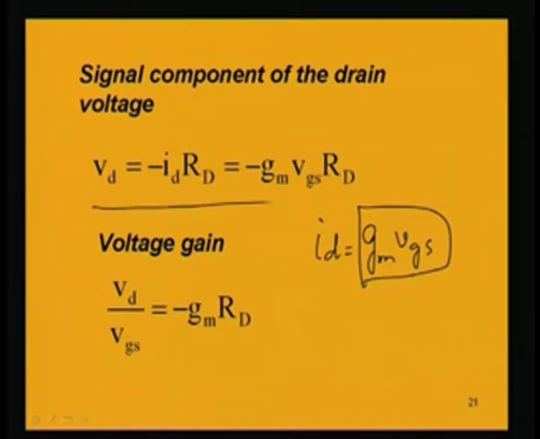If you take the ratio between v_d and v_gs, we have minus g_m R_d. So, this is the voltage gain of the MOSFET amplifier.